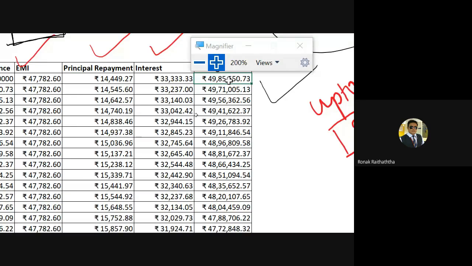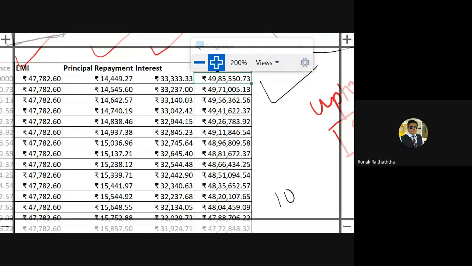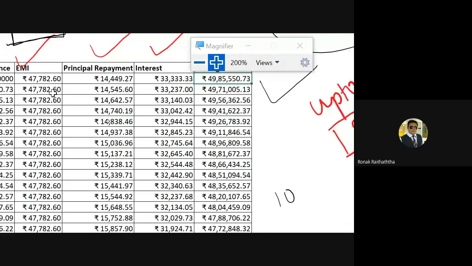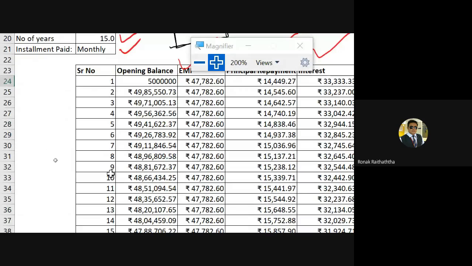Number 3, the prepayment amount you make will be reduced from your principal amount. Say after the 9th period you have 10 lakhs rupees extra and want to repay the loan.